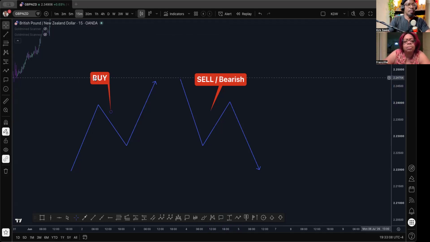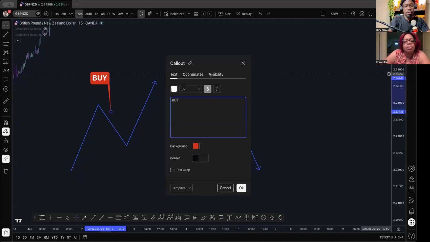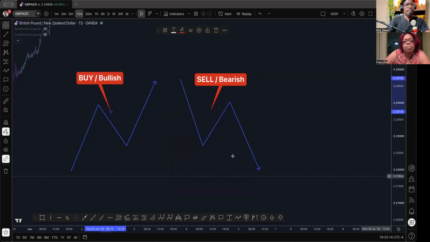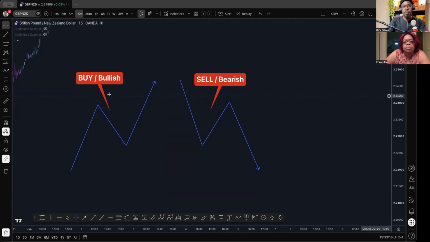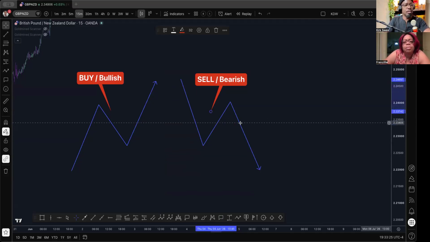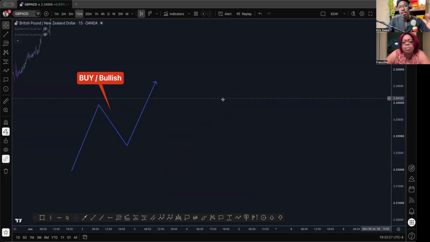And for a buy, this is going to be bullish. Bullish if price is going up, bearish if price is coming down. For the sake of this conversation, we're just going to be talking about the bullish side of things, right? Just so we could get that cleared up.